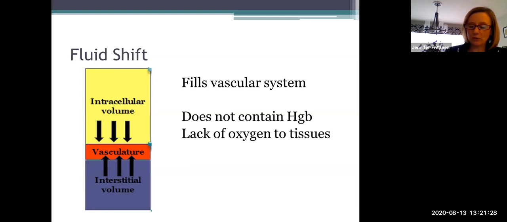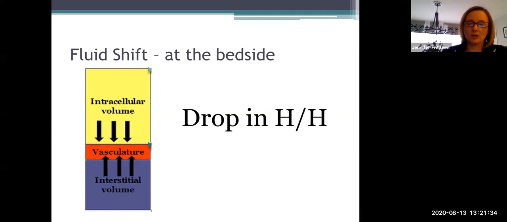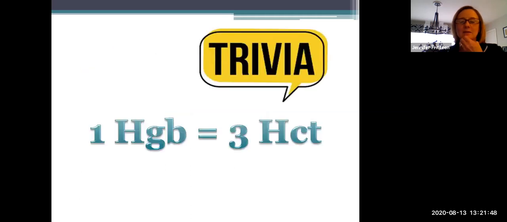So even though we're able to keep our vasculature somewhat pumped up, it's being pumped up with things that aren't going to carry oxygen to our tissues. And because of that, we're going to see a drop in H&H. So when your hemoglobin and hematocrit drop, it's not necessarily a number that's moving, it's a dilution problem from the plasma filling up the vascular system.